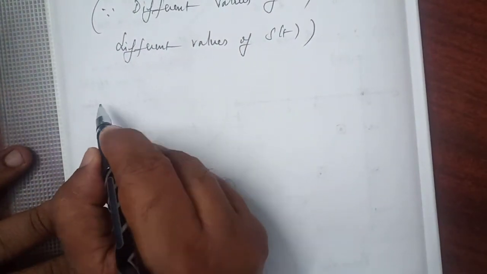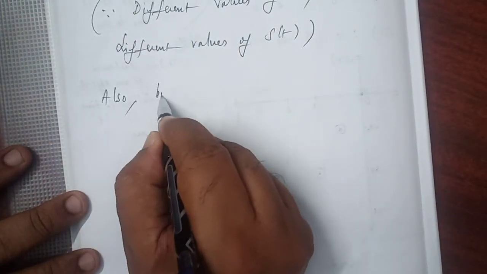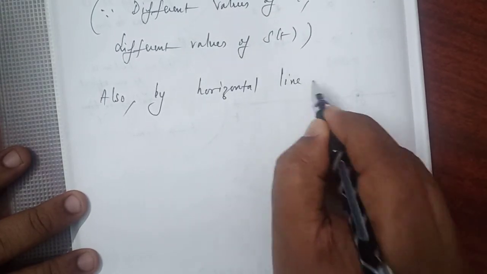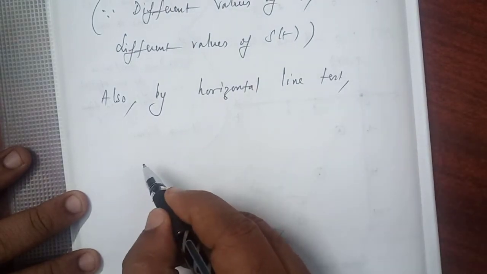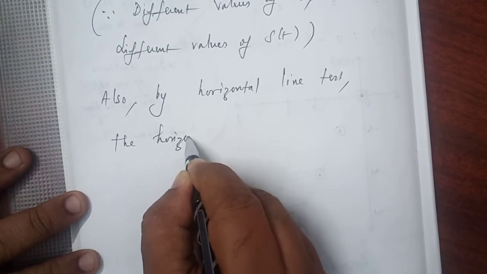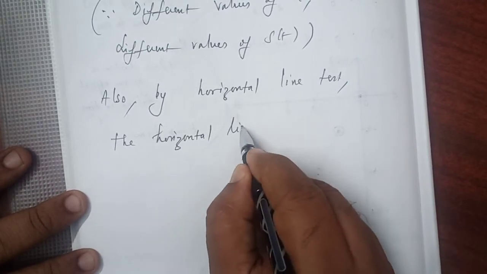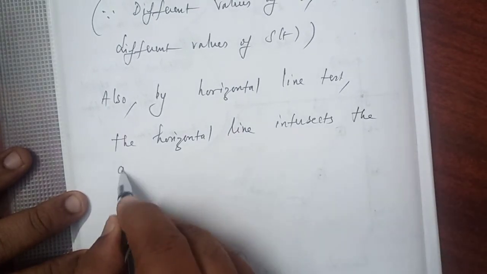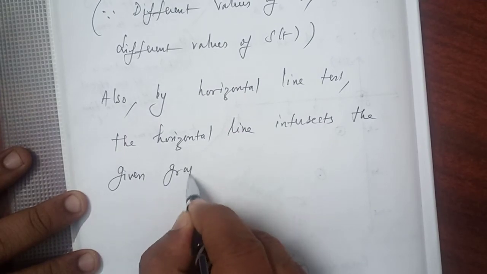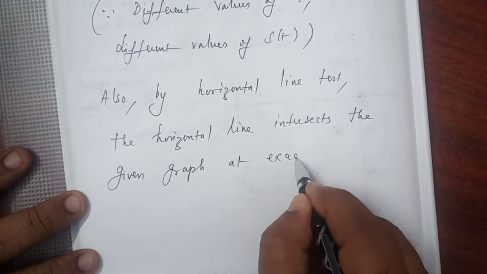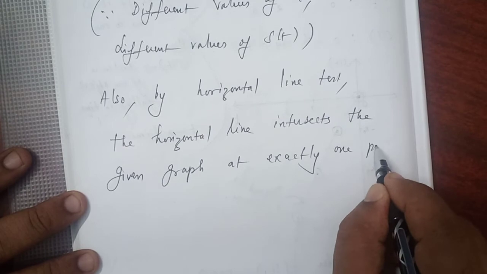I write the reason also, by horizontal line test: the horizontal line intersects the given graph at exactly one point.